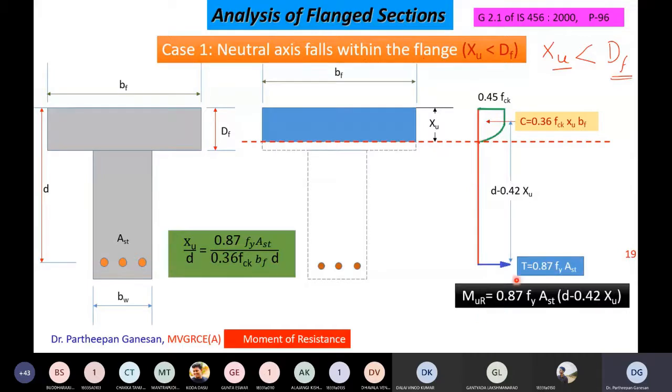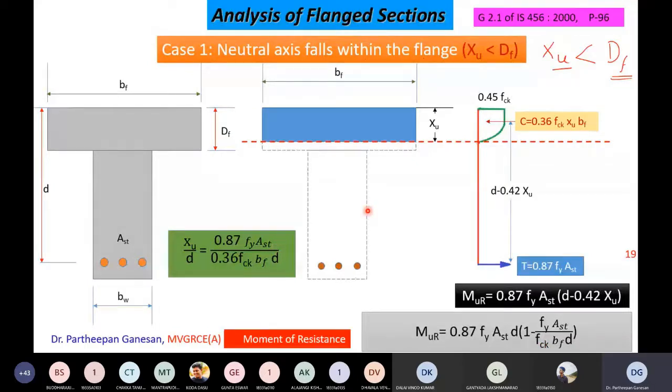So the moment of resistance is 0.87 Fy AST D into 1 minus 0.42 XU by D. For XU by D, you substitute this one. Then you will get the simplified equation: 0.87 Fy AST D into 1 minus Fy AST divided by FCK BF D. Again, it is the same as the earlier equation, except that instead of B, you should apply BF.